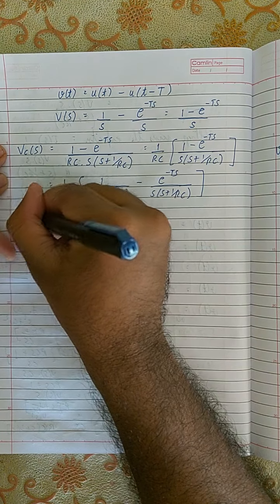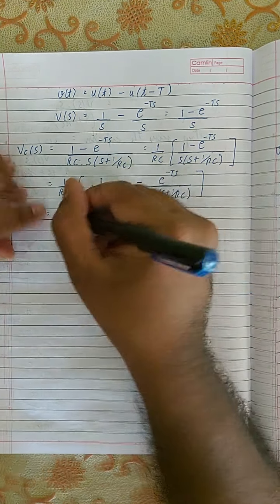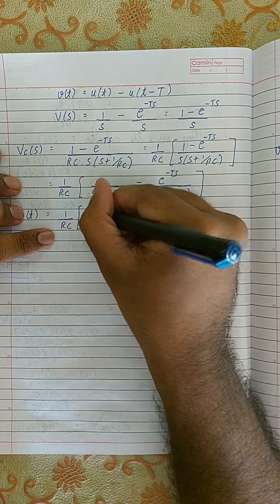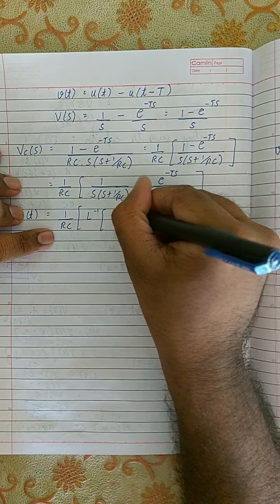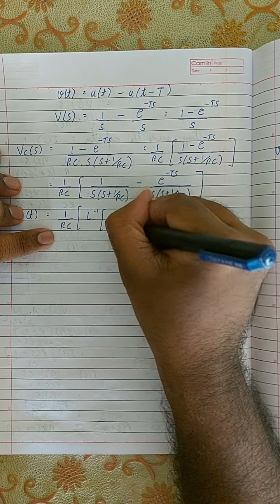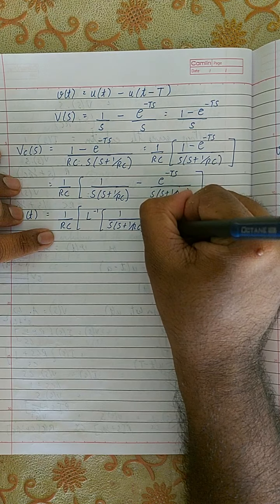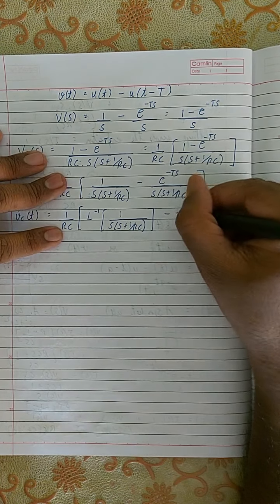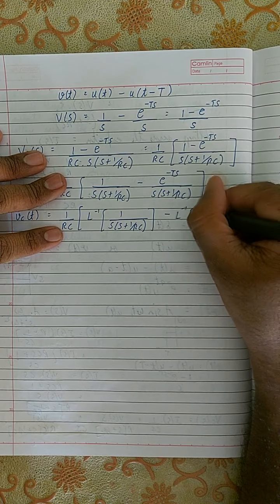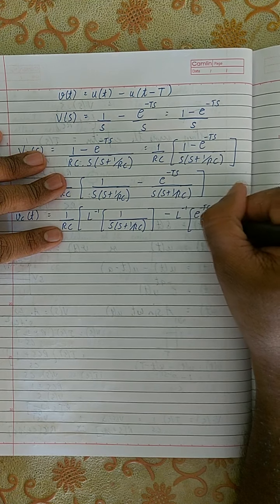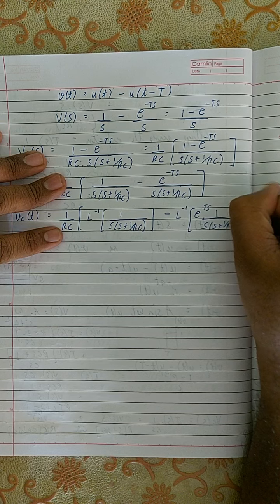So therefore Vc of t is equal to 1 by RC into the Laplace inverse of 1 by S into S plus 1 by RC, minus the Laplace inverse of e raised to minus Ts into 1 by S into S plus 1 by RC.